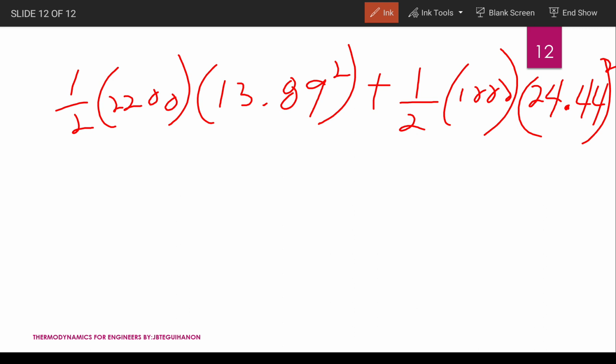And we have the total kinetic energy after collision equal to 51,900 joule.